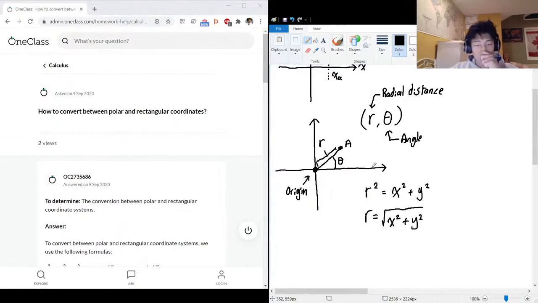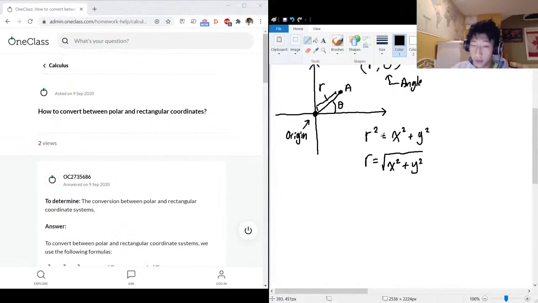Okay, so we found r. Nice. How do we find our theta? Our theta value is the angle that our r makes with our 0 degree axis. How do we find that? Well, in a similar way to how we found r, based on the knowledge that this is very similar to a right angle triangle, we can also find theta. So let's say we have a triangle like this.